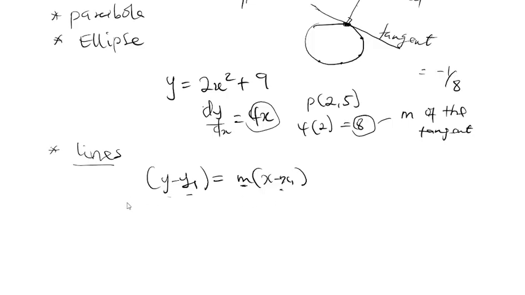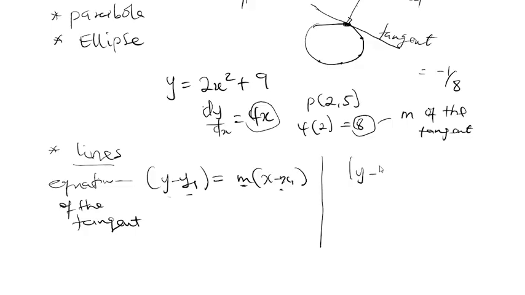So it means that if this is the equation of the tangent, then what will be the equation of the normal? That will be y minus y1 equals negative 1 on m times x minus x1. Yes.